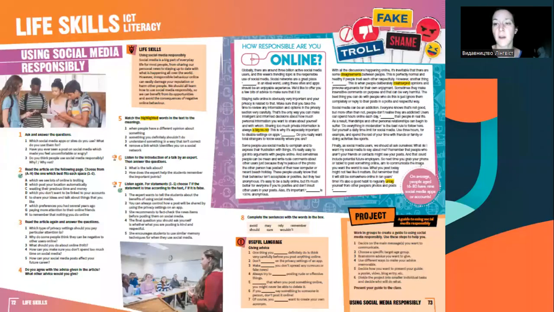For example, one of the life skills that is being developed throughout the course is ICT literacy or digital literacy, and we can see here the direct reference to sharing and interacting online. The topic of this section is using social media responsibly. There are 2 pages, page 72, 73, here on how to work online, how to interact online, and how to be safe online, of course.